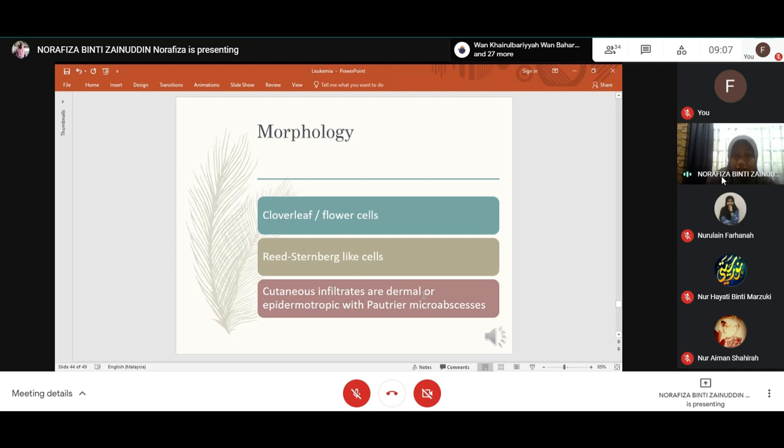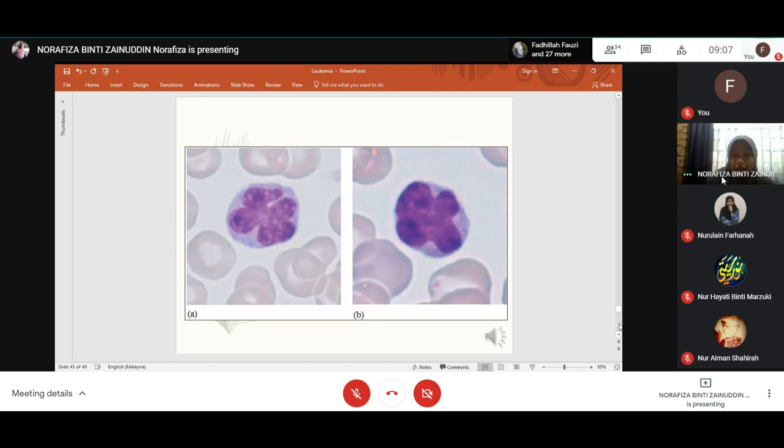and cutaneous infiltrates are either dermal or epidermal dermotropic. This one is quite tricky because you need to look under the microscope to see these Pautrier microabscesses. So this is what I mentioned just now, the clover leaf pattern of ATLL. So this is one of the definitive diagnoses for ATLL.